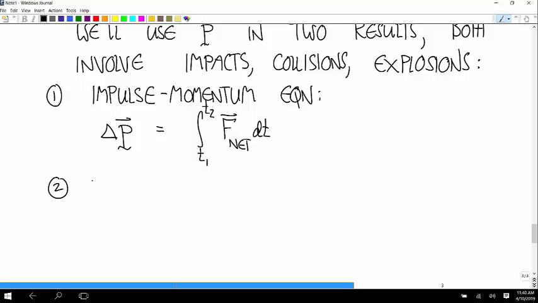And the second one is conservation of linear momentum.